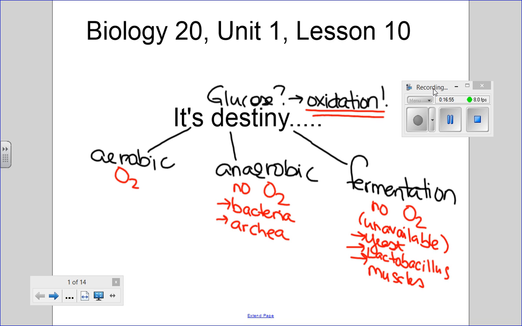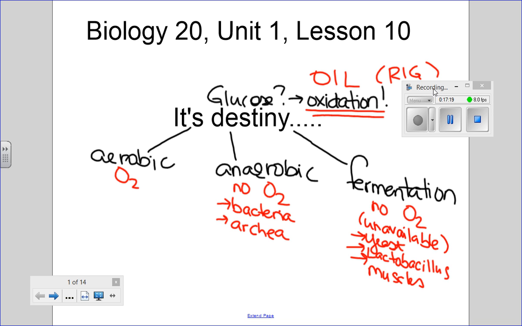And so please do not get the misconception that if there's no oxygen, I can't oxidize something. Oxidation doesn't necessarily have to do with oxygen. It just means that I'm losing something. So remember, oil rig, oxidation is loss. I'm losing something if I'm undergoing oxidation.